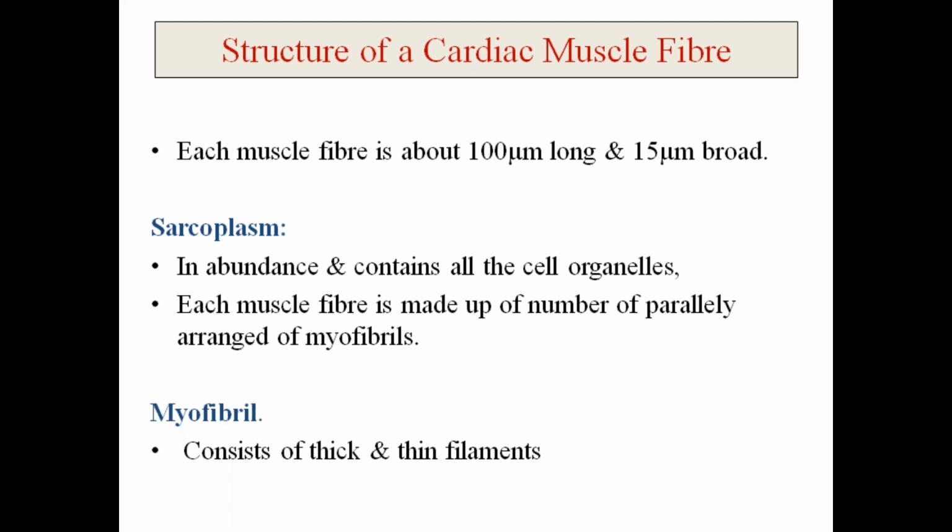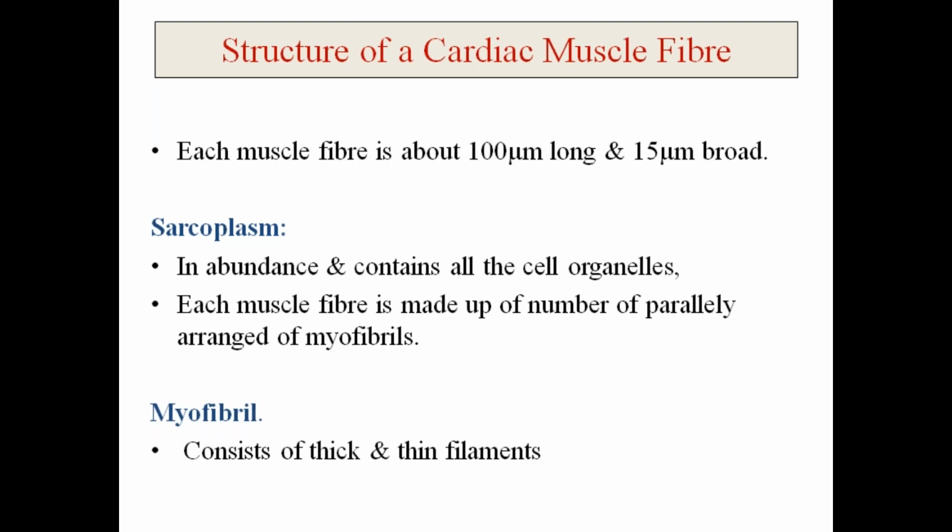Now, if you see the anatomical aspects of your cardiac muscle, mostly the cardiac muscle cell is about 100 micrometers long and about 15 micrometers broad. Just like skeletal muscle, it has an abundance of sarcoplasm and contains all the cell organelles.